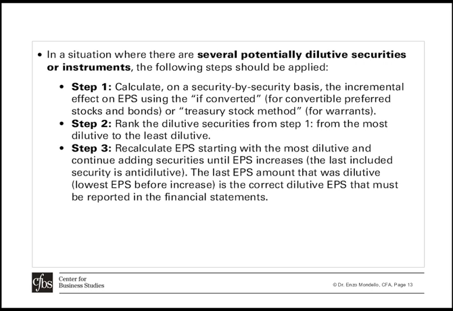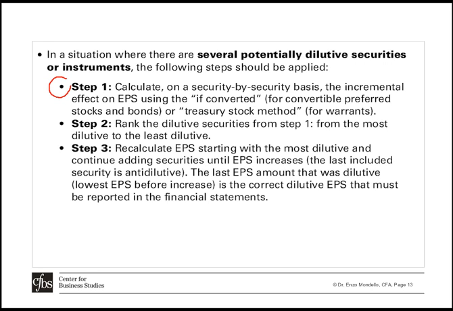Same thing here, if you calculate diluted EPS, you have to apply the following 3 steps. The first step is you have to calculate the incremental effect on EPS of each potentially dilutive security. That's step 1.